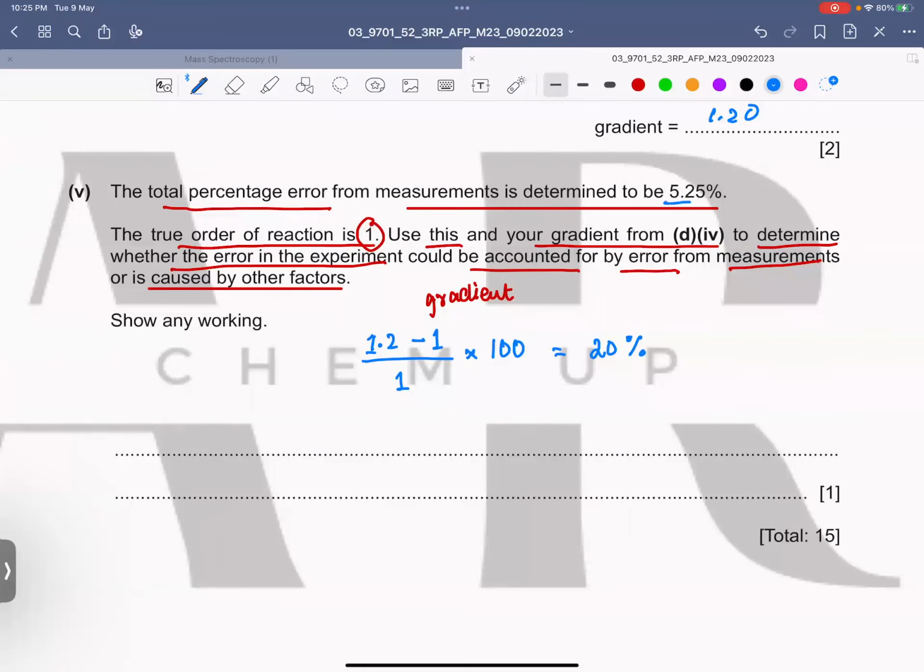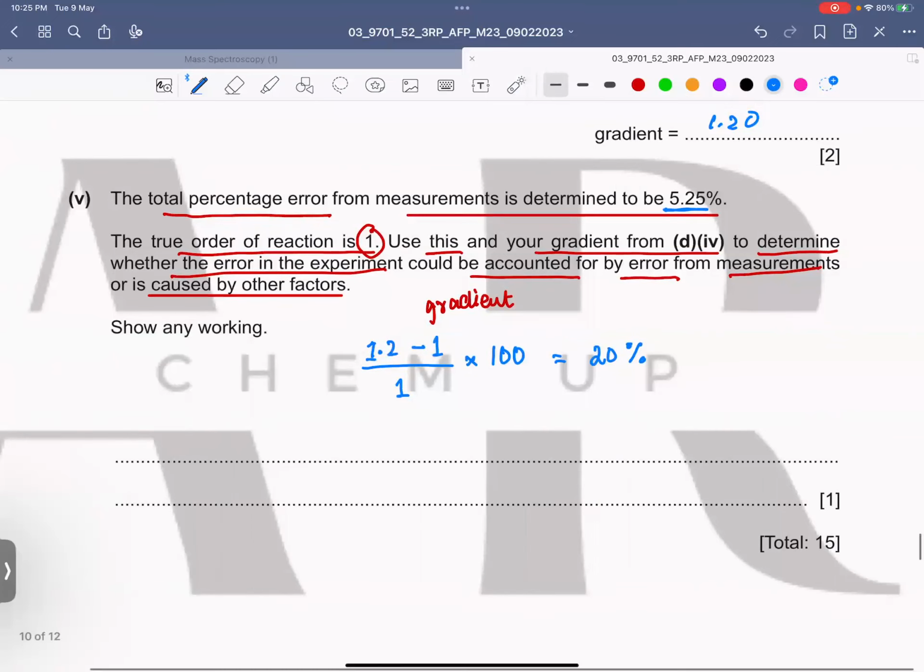See, which is a bigger value than 5.25. They have said that the total percentage error from the measurements is determined to be 5.25%, but the error is more than that. So I can conclude or comment that there are other factors as well which cause the error besides the measurements.